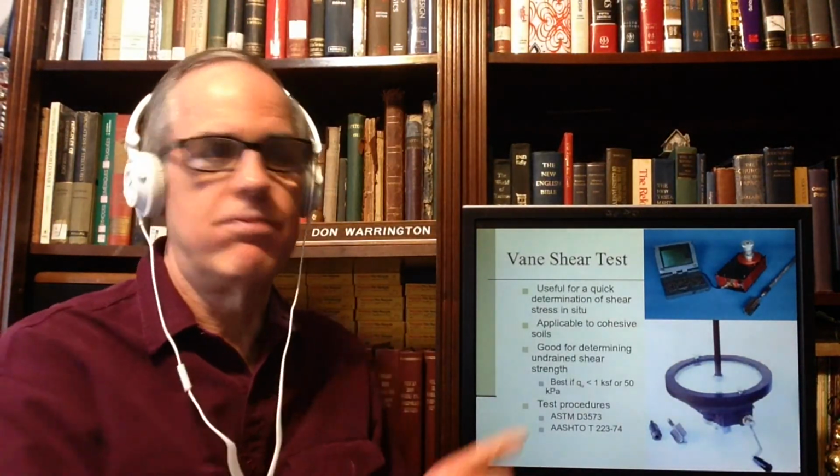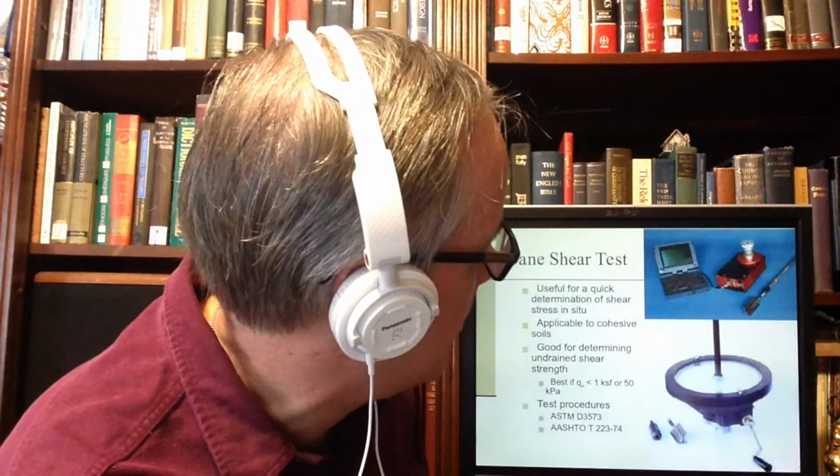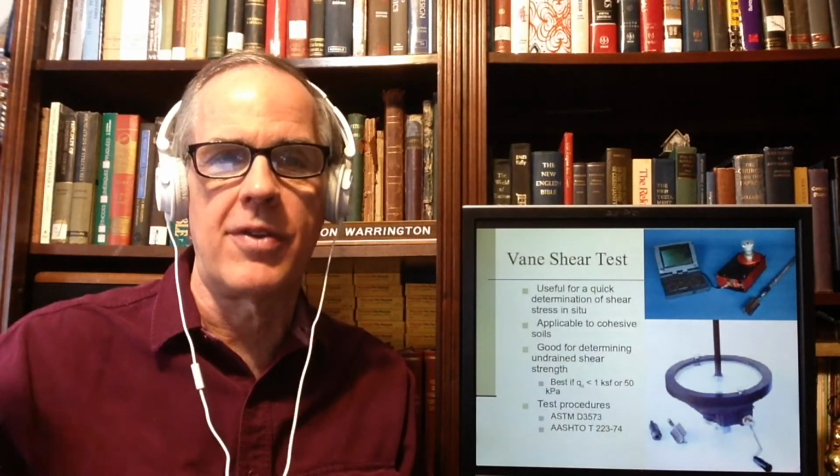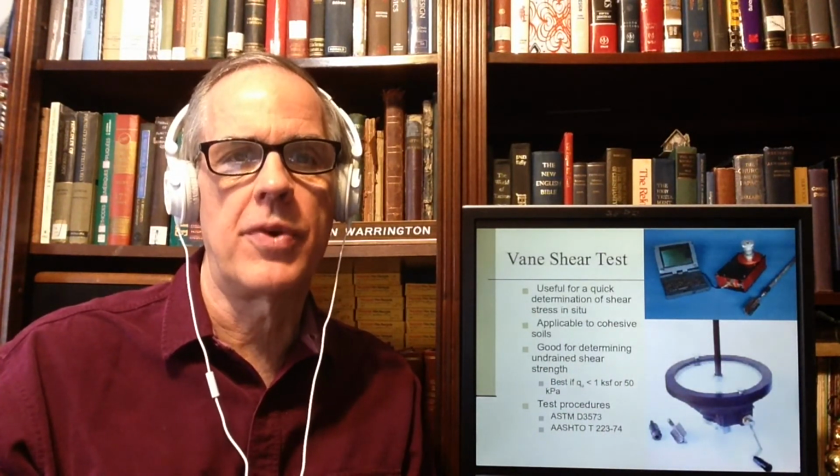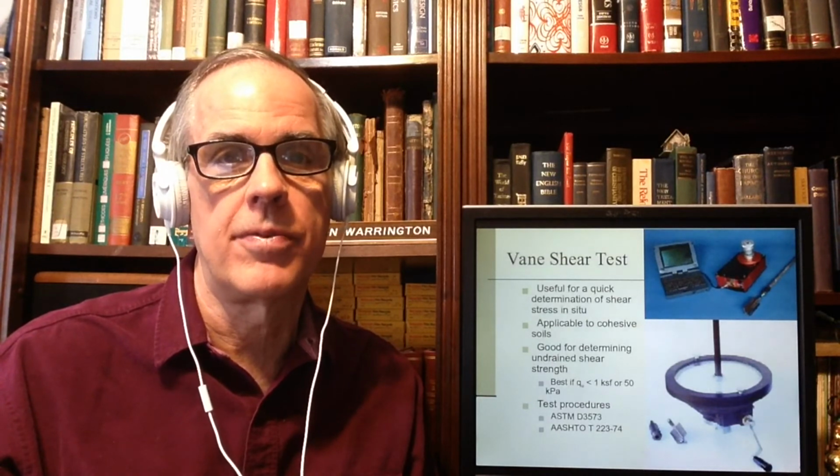Now we have much more modern, computerized equipment that gives you the torque, and you stick it in there and it does it. That's a lot better, and that's one reason why I think the vane shear test is finally coming into its own in terms of being used.